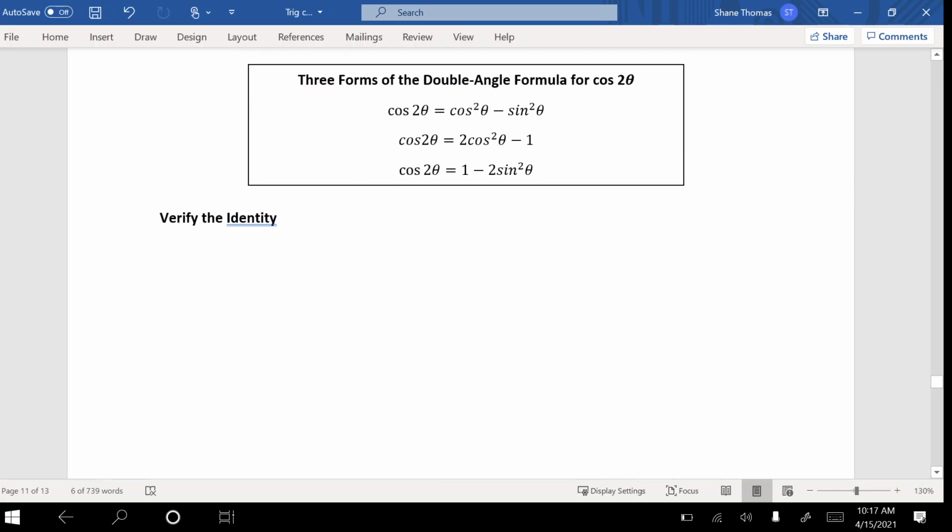Okay, we're going to use some of these. So we're going to do a cosine of 3 theta is equal to 4 cosine cubed theta minus 3 cosine of theta. Doesn't that look fun already? Huh?